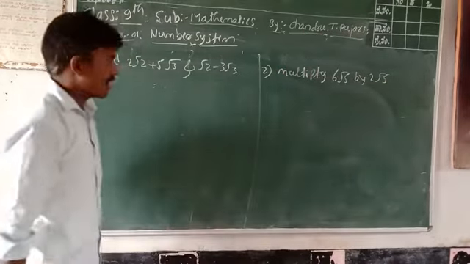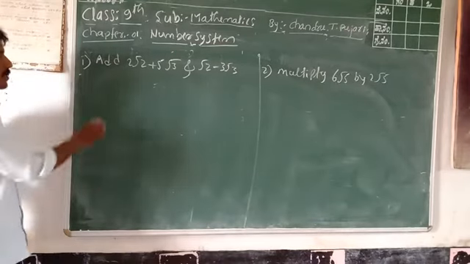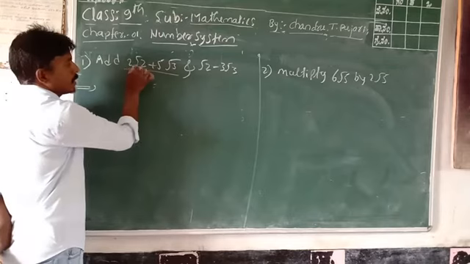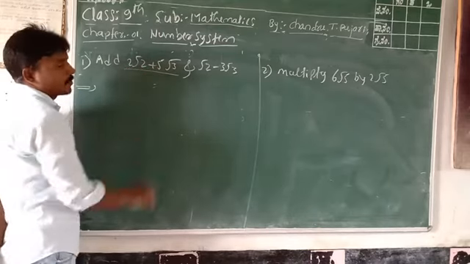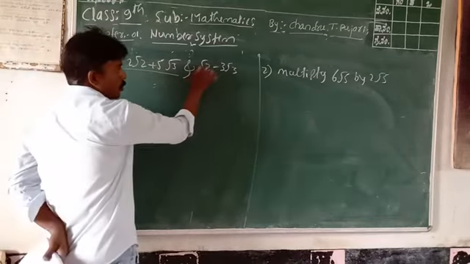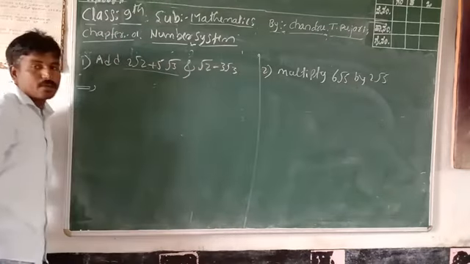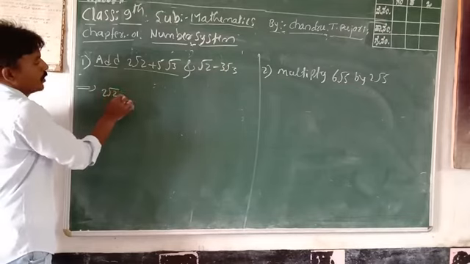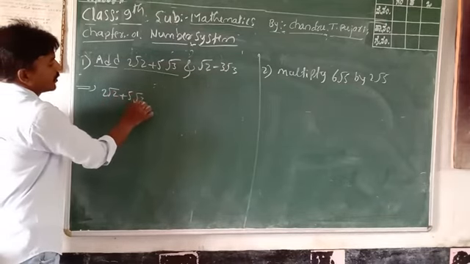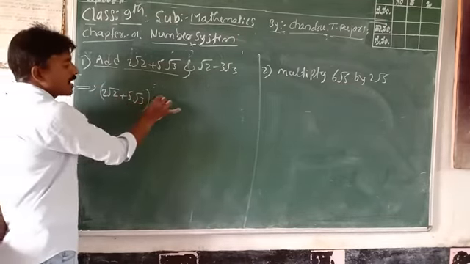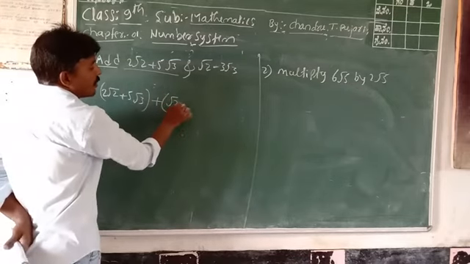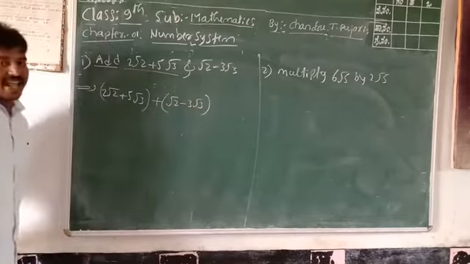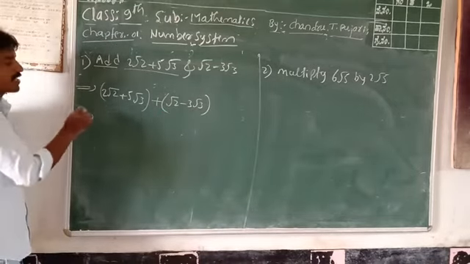Solution: the addition of these two. The first term is 2 into root 2 plus 5 into root 3. The second term is root 2 minus 3 root 3. The addition is the first term plus the second term. The simplification is very easy.